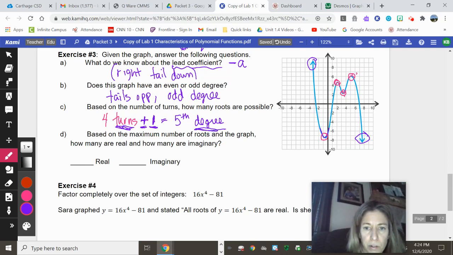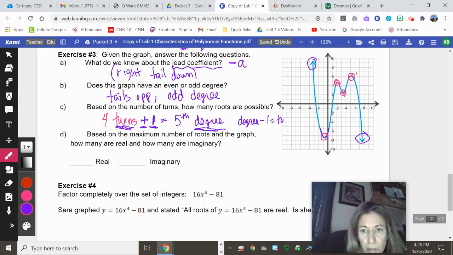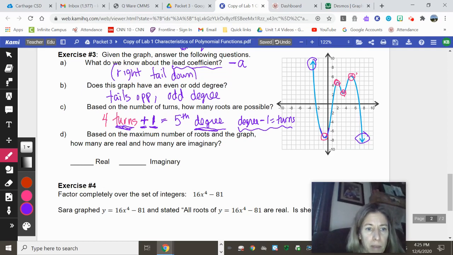Likewise, you can work backward: the degree minus 1 equals the potential number of turns. This is just a general rule that works sometimes, not all the time. Based on the maximum number of roots and the graph, how many are real and how many are imaginary?